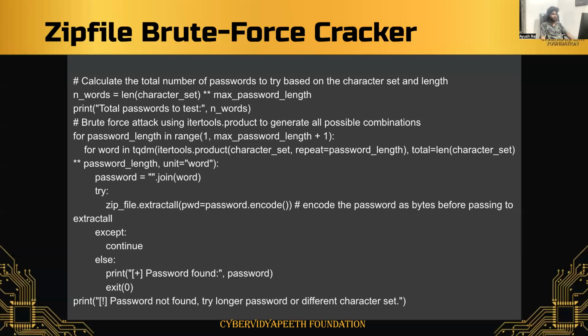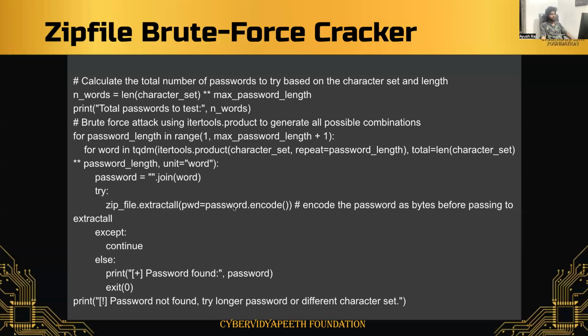And after that password equal to ''.join(word). Okay, it will join it. And after that this is a try except block, and after that else. It is similar to the last one that we did. And this is the thing, zip_file.extractall with pwd equal to password encoded. We are doing the same thing here, providing the password using the standard encoding.